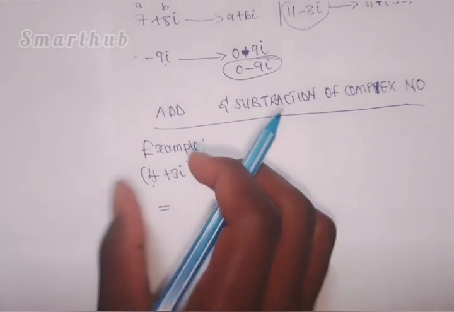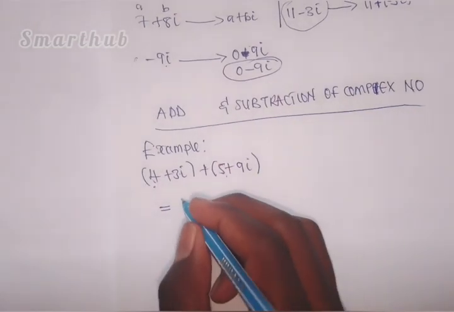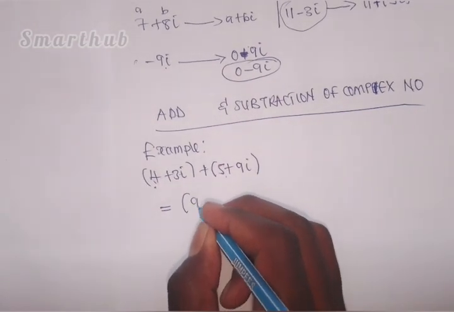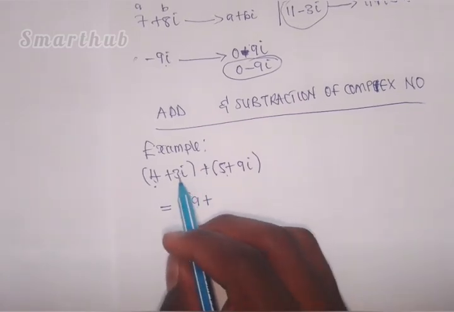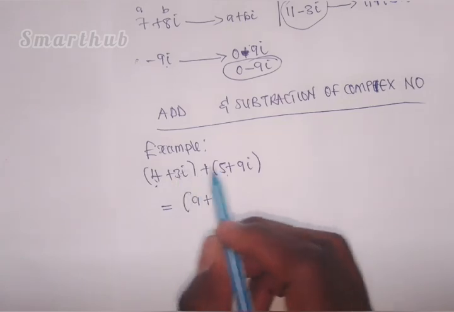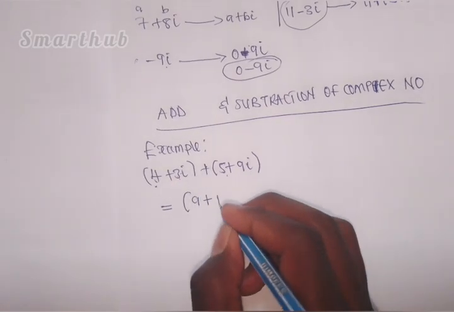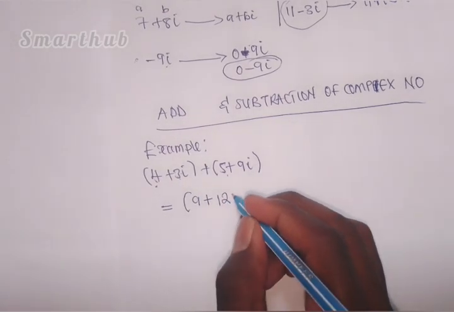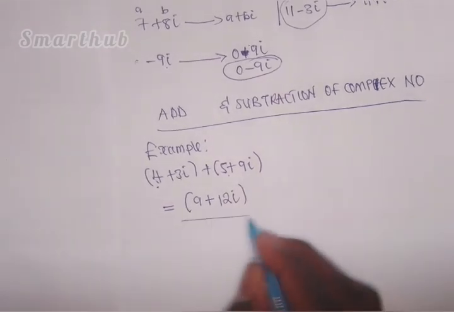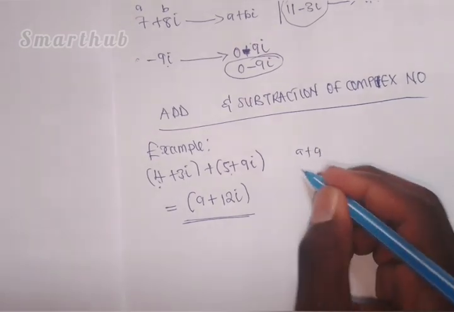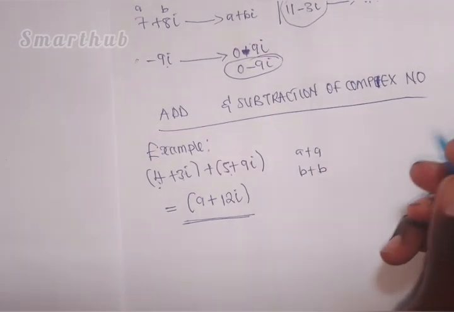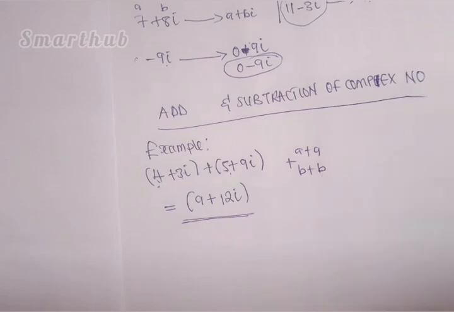When we add these two, we get 9, plus when we add these b's, 3 and 9, we get 12i. Simple. So it's a plus a, b plus b. Even subtraction goes just like that.